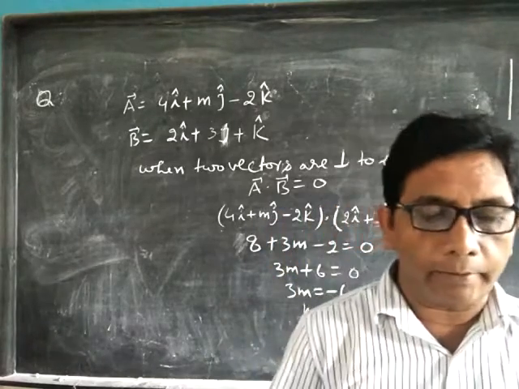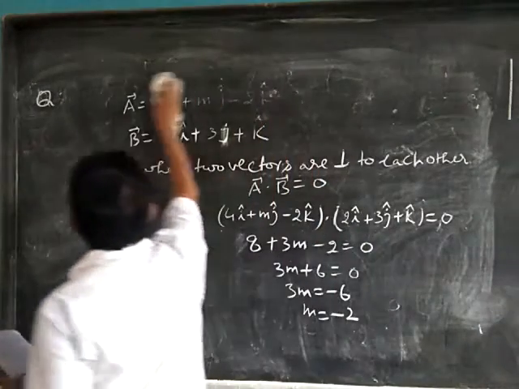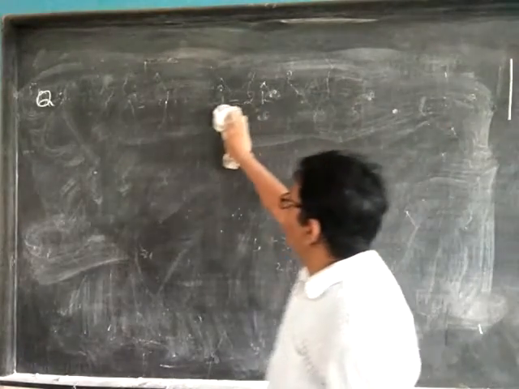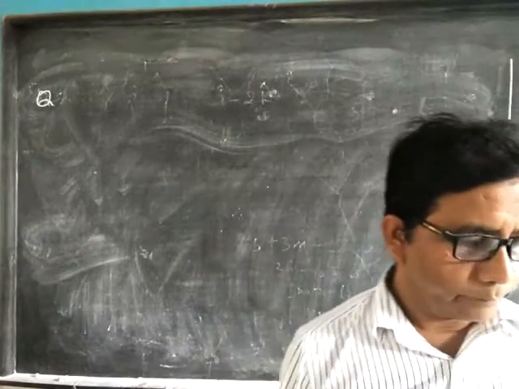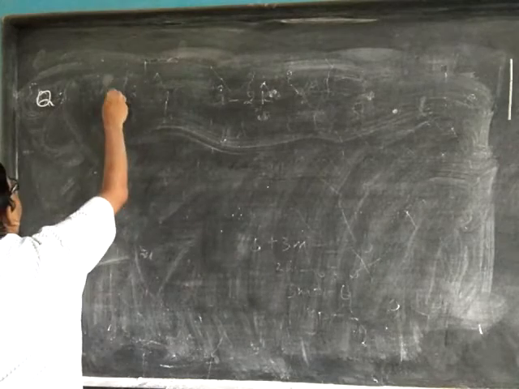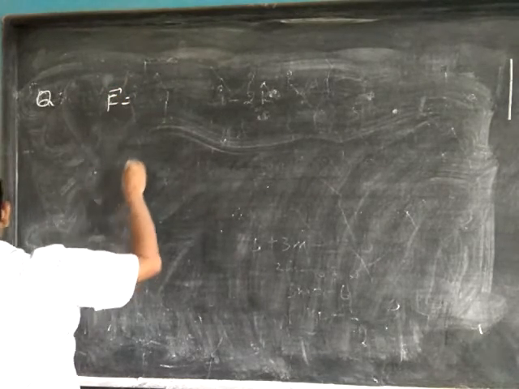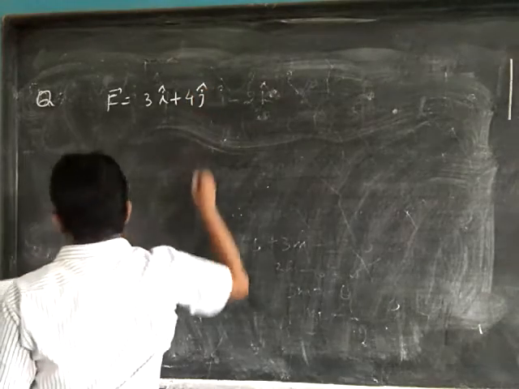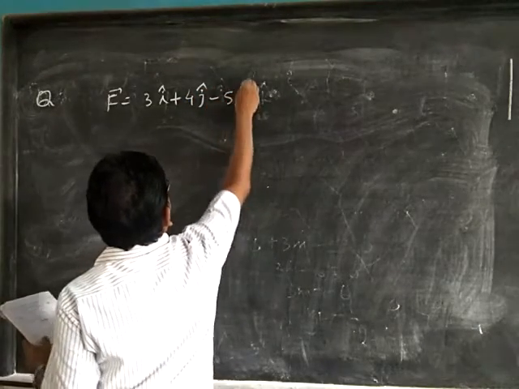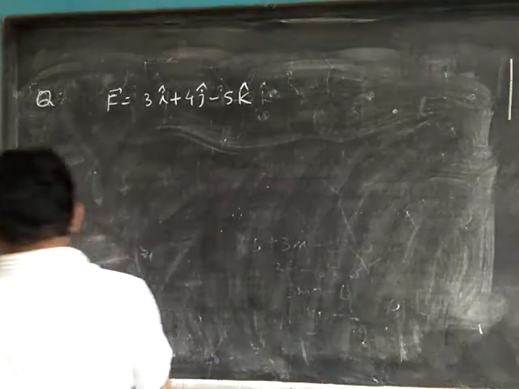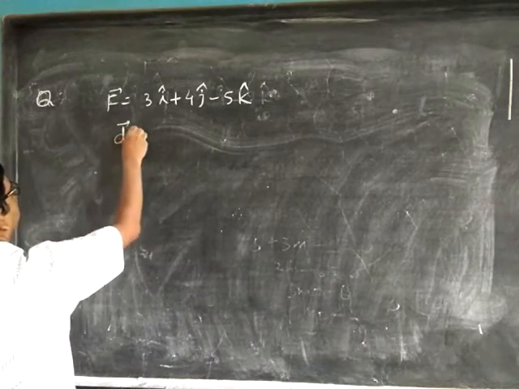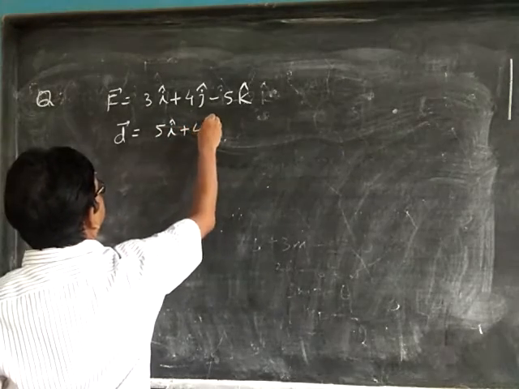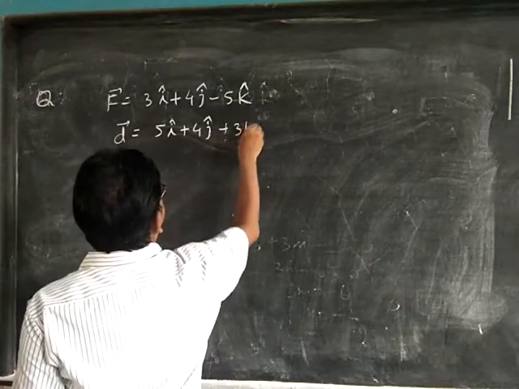Find the angle between the force F, 3i plus 4j minus 5k, and displacement D, 5i plus 4j plus 3k.